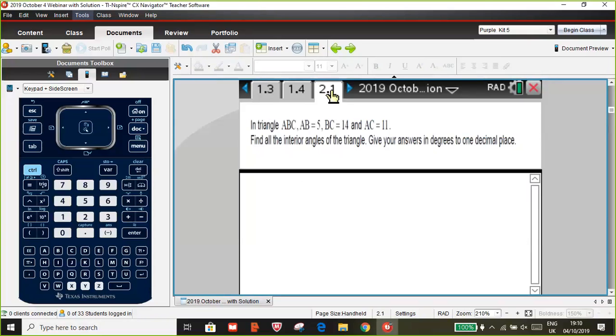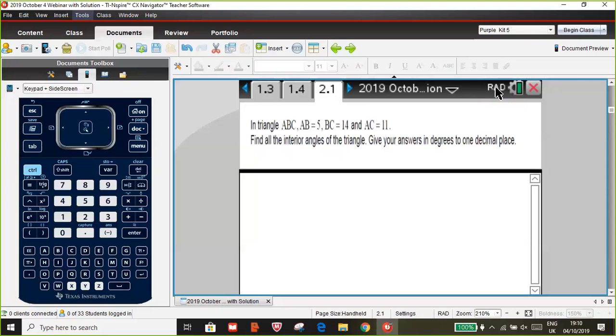Now, there is something about this question because the examiner wants the candidates to give the answer in degrees, correct to 1 decimal place. But most of the time, my students' calculators will be in radian mode. So what I'm going to share with you is how to make sure that our answers are in degrees and not in radians.